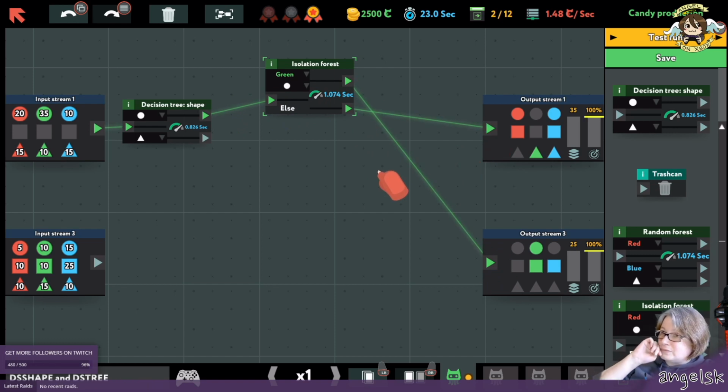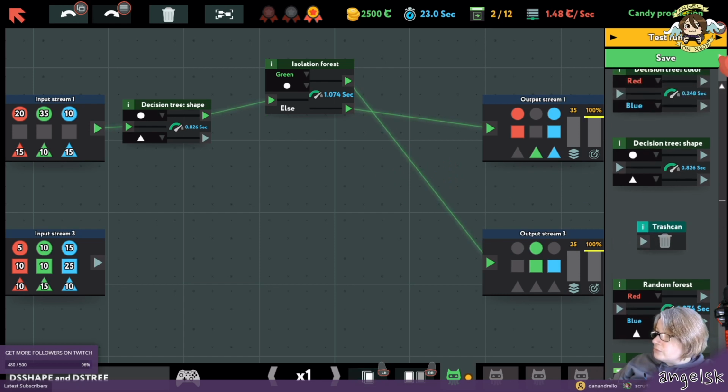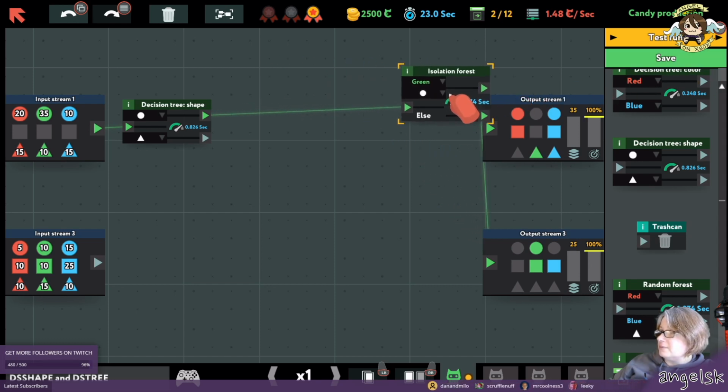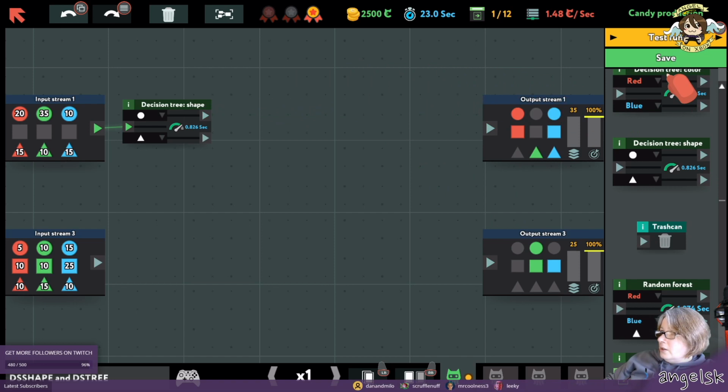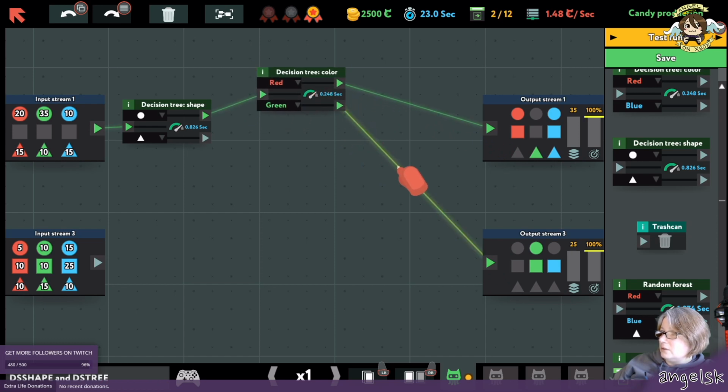Okay. But is that better than doing two filtery things? No, it really isn't. But if we don't filter out the blues, then it's just really bad.